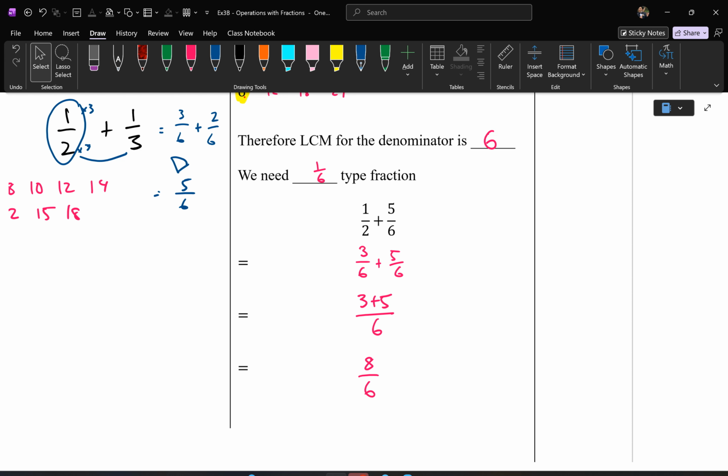Now, for those that are stronger students, you don't leave your answer as 8/6. Why? Because the numerator is bigger than the denominator. For most answers, especially at year 12, they want it in simplest form.